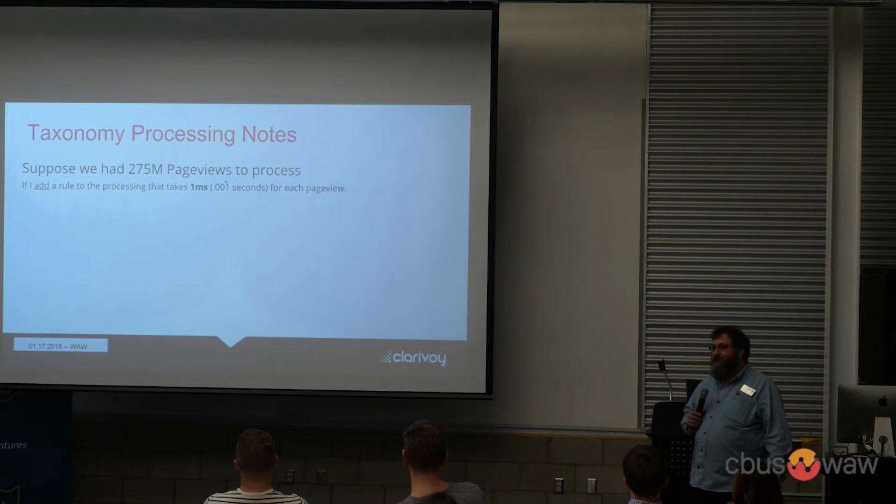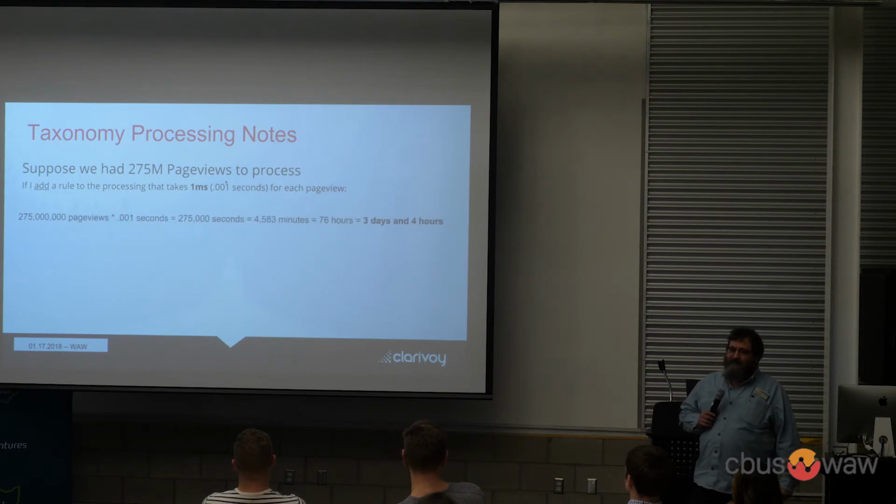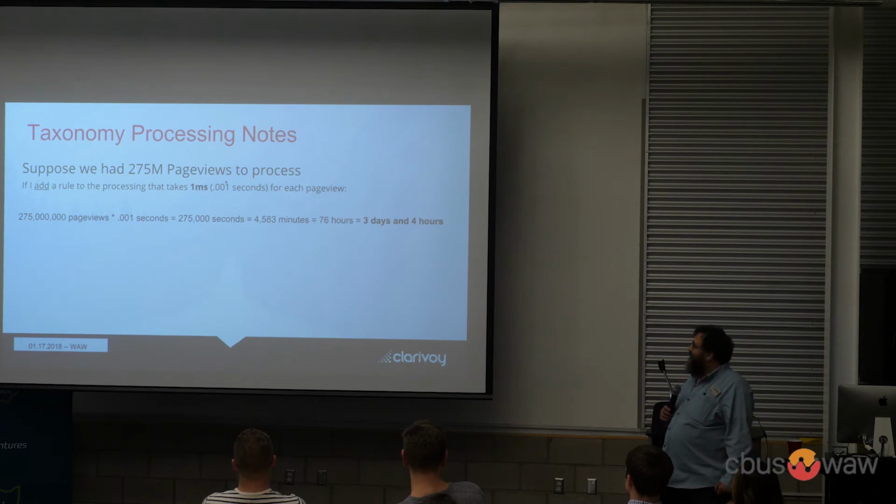So a database lookup, even if you're on the same machine, is probably not going to happen in less than 20 milliseconds. So just 1 millisecond addition. When we do the math, this adds 3 days and 4 hours of processing to our taxonomy processing.